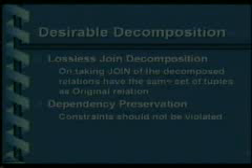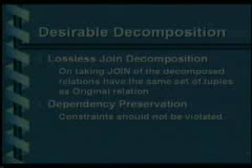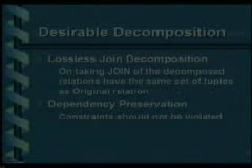What have we done? Normalized. How did we normalize? Using the functional dependency diagram. What did we use? Decomposition. And what are the properties of desirable decomposition? Lossless join decomposition. That is, on taking join of the decomposed relations, we have the same set of tuples as the original relation.